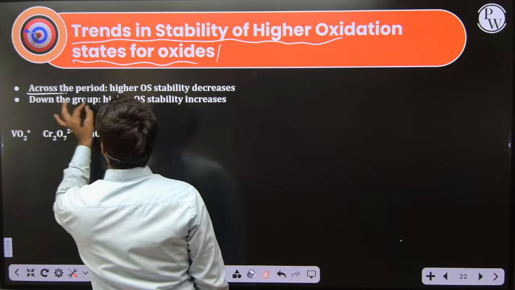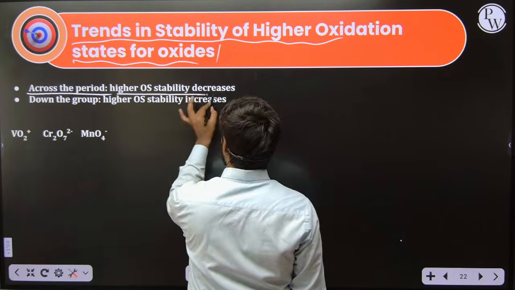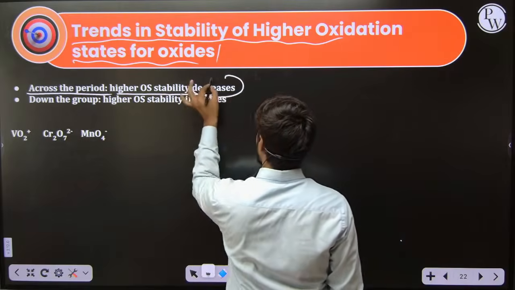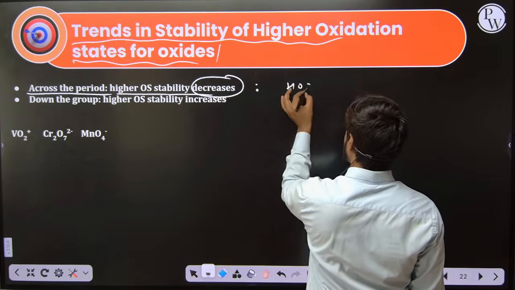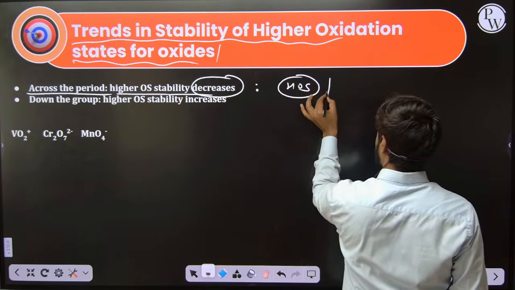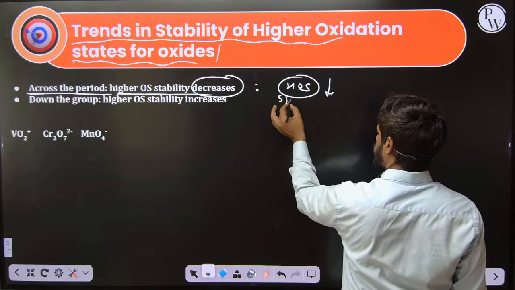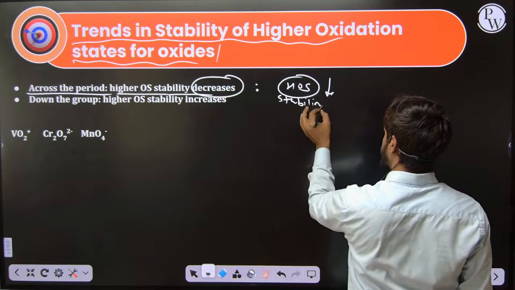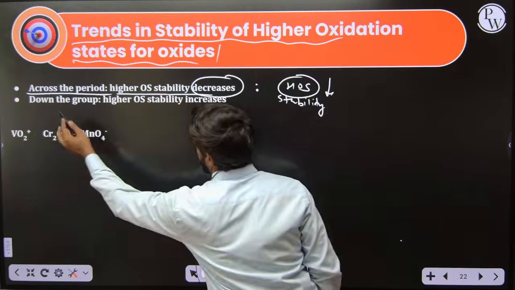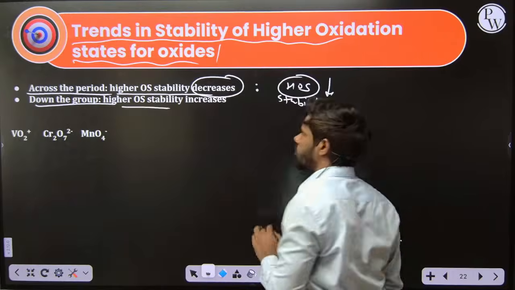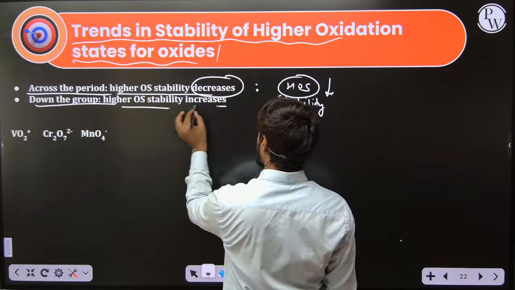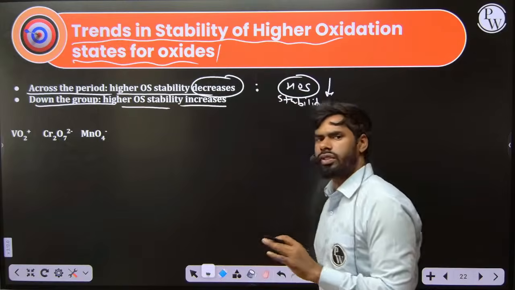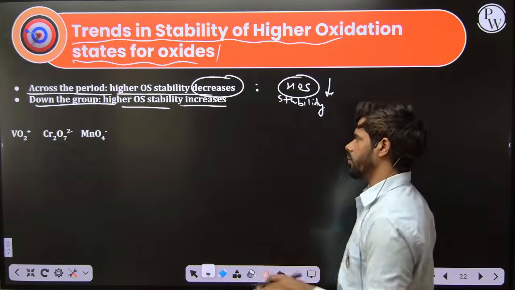Across the period, higher oxidation state stability decreases. As we move down the group, higher oxidation state stability increases.